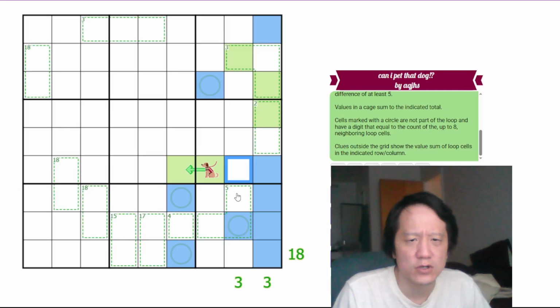How does this work? To get to this, one of these two has to be on the loop. And I don't think it can, well, this is 3. So how does it connect to here? Oh, I guess it, well, no, it can't be 2 because then that would touch itself. It has to be 3.